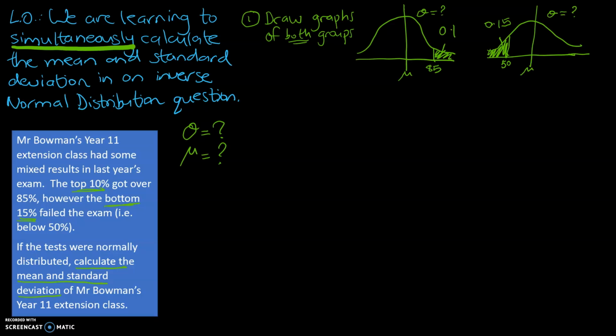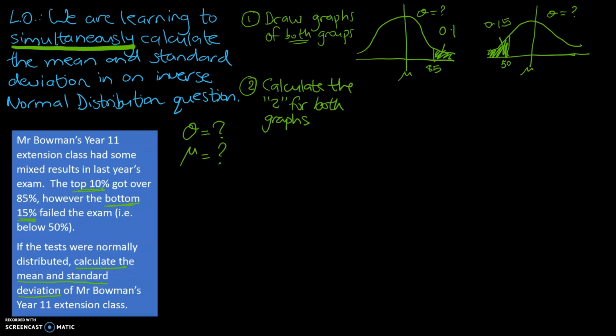And that is step 1. So we basically mapped out what information we have, what information we don't have. The next step is we are looking to calculate the Z value for both graphs.